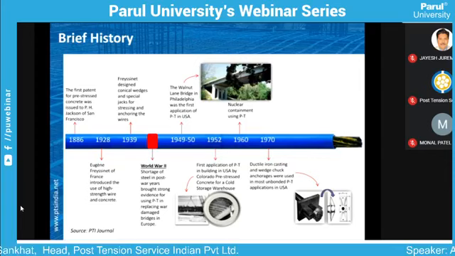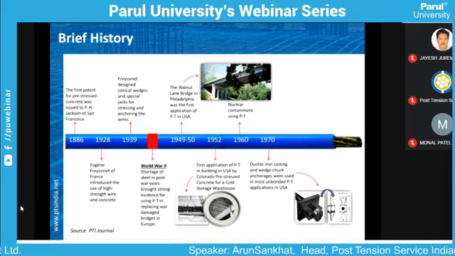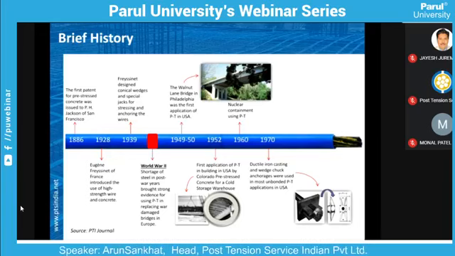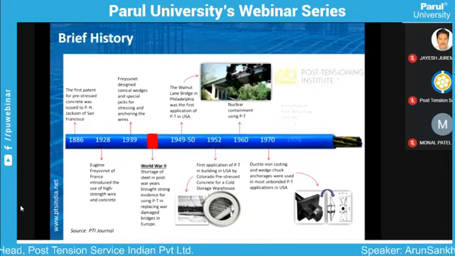In the 1970s, ductile iron casting technology was developed in the metallurgical field, and that again led us to developing good anchorages, a key development that helped us build good anchorage systems.